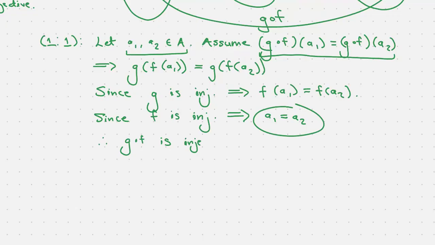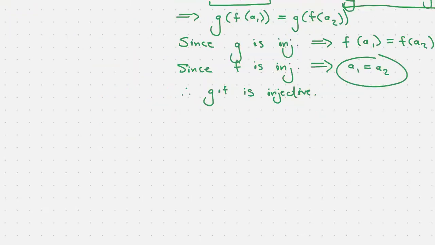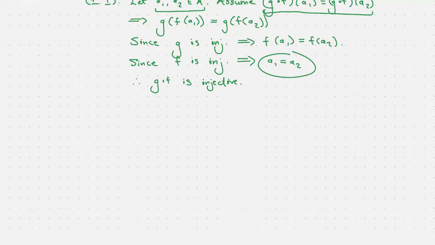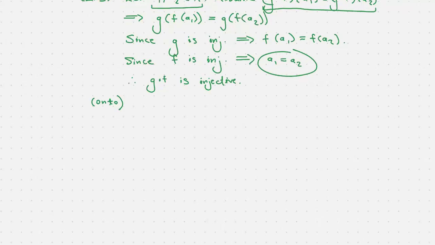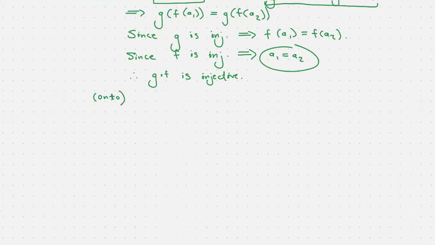So for a function to be onto, remember that the range is equal to the codomain. So we know that both g and f respectively are surjective. So let's say g and f are surjective.